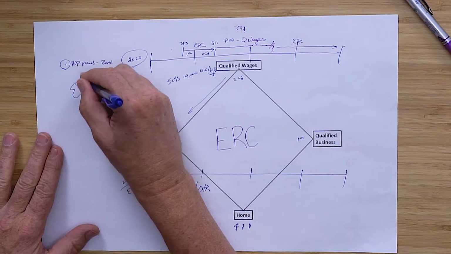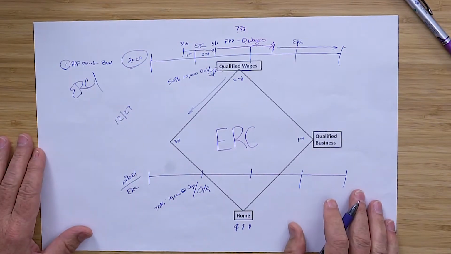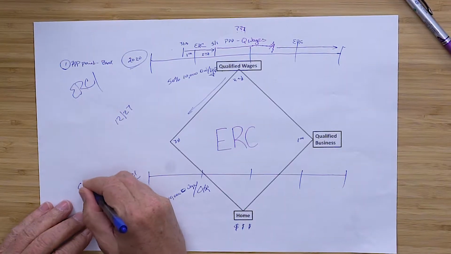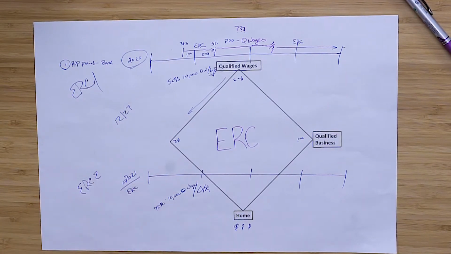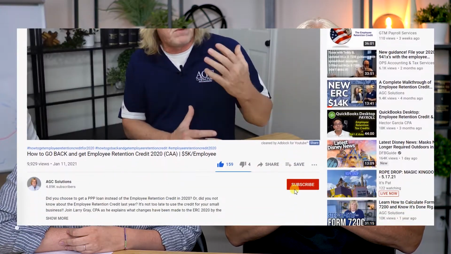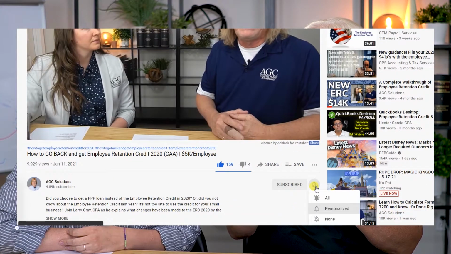At the end of the year, they came out with ERC 2, and they slightly changed the rules. But the qualified wages themselves stay pretty well the same. It's the payroll you're paying plus payroll expenses, health care, etc., all qualify.